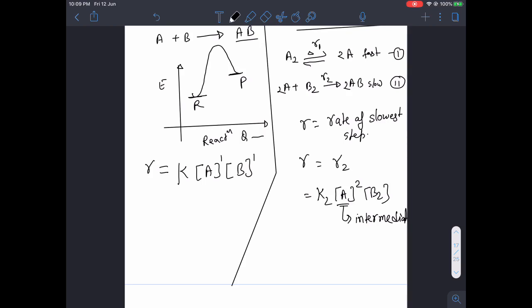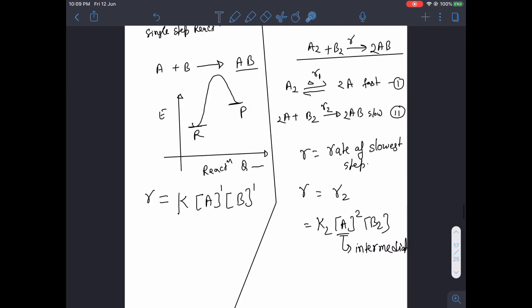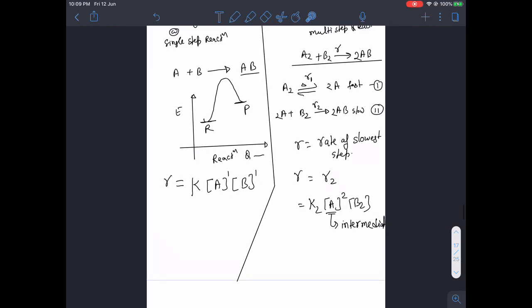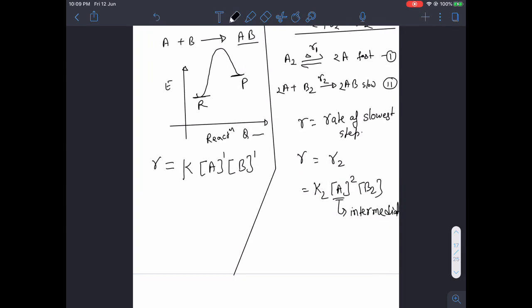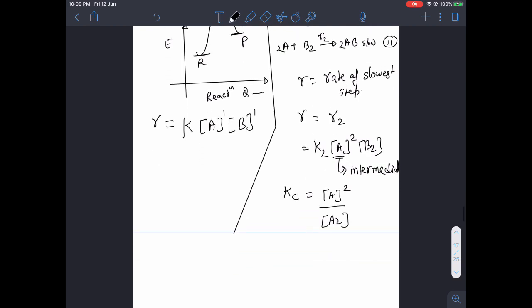Now, how to remove this intermediate? With the help of the equilibrium constant. You know that the first reaction is fast and reversible. So can I write the equilibrium constant for the first reaction, Kc, as equal to the concentration of A squared divided by the concentration of A2 at equilibrium?